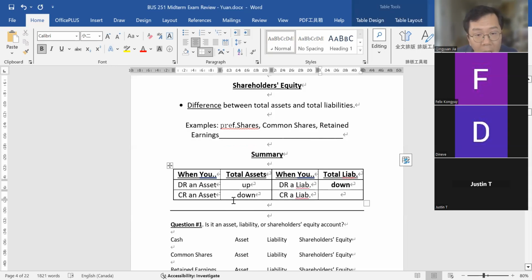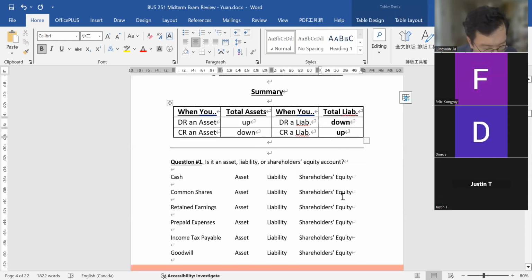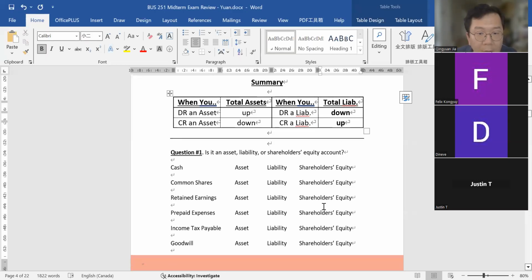This is different from the asset. It's on the contrary. And when you credit a liability, it will go up. Right? I think this is quite straightforward. We have talked about this so many times in the tutorial already, and of course in the lectures.